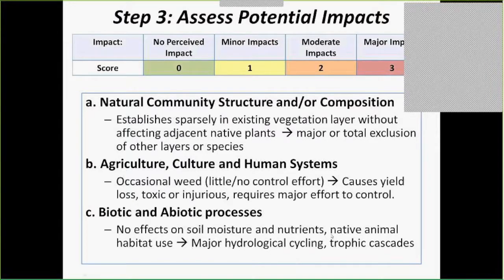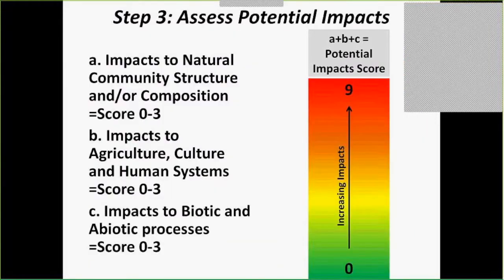Or it causes trophic cascades, where it affects trophic levels like animals or grazers beyond that. And so from there, you get a potential impact score. All you do is add up the score from A, B, and C, and you'll get a score from 0 to 9, with 0 being no impact and 9 being the most potential impact.